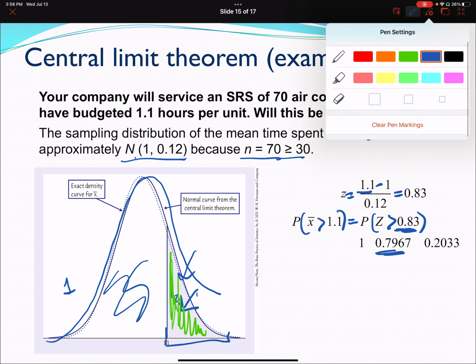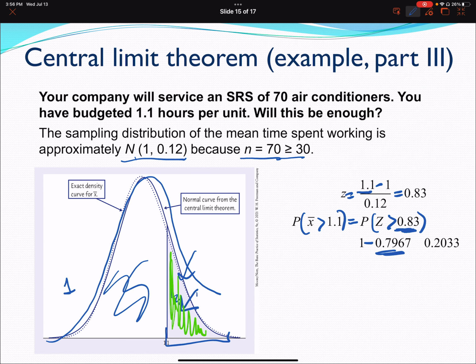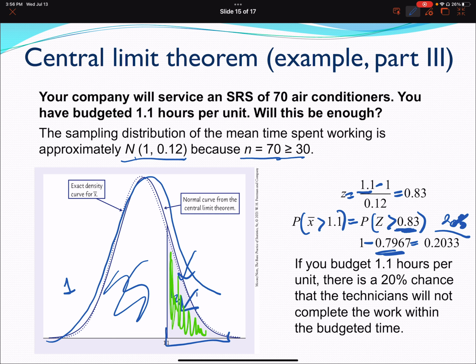So I have 1 minus 0.7967, which is 0.2033, so like 20%, right? So there is a 20% chance that the technicians will not complete the work within the budgeted time, that they will go over the time.